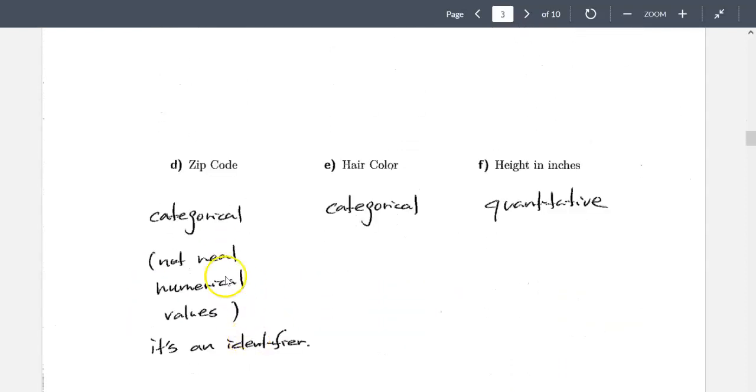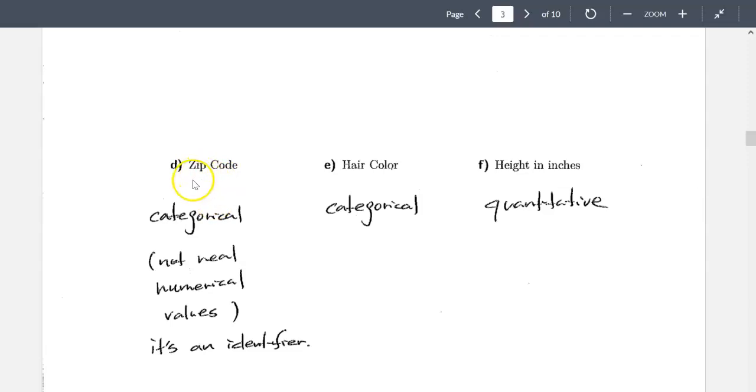But now let's look at this one, D. This one is especially different. Even though a zip code is a number, when we talk about quantitative data like heights, those are numbers you can add, subtract, multiply, or divide. With a zip code, you can't really add, subtract, multiply, or divide and make meaning out of it, because a zip code could be easily replaced by the place name.